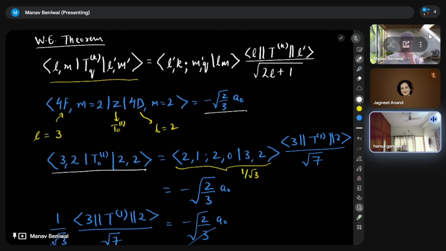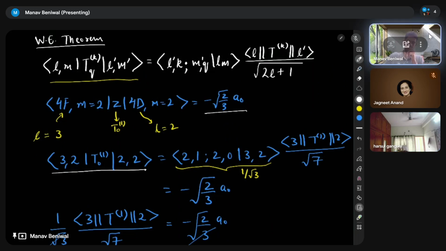You got the Clebsch-Gordan coefficient 2 comma 1 semicolon 2 comma 0 3 comma 2. Its value is 1 by root 3. You wrote that. Could I see the step of how we got that? So for this one, I didn't explicitly calculate. However, in principle, one can calculate. I just looked up the value.